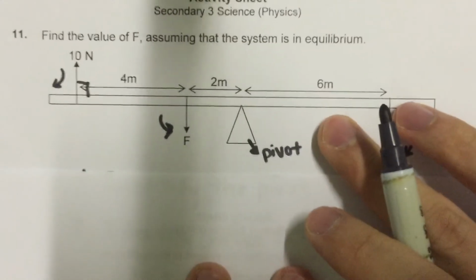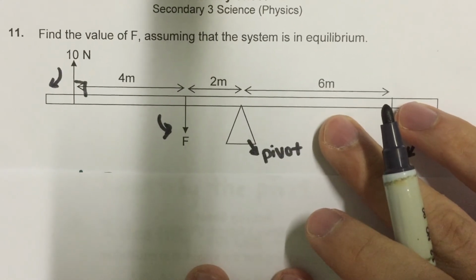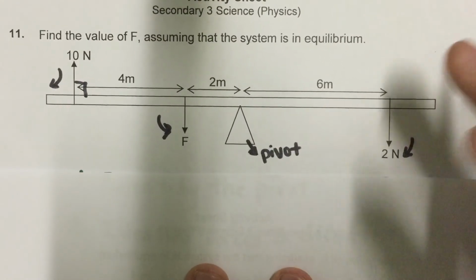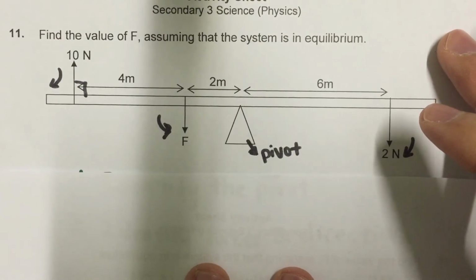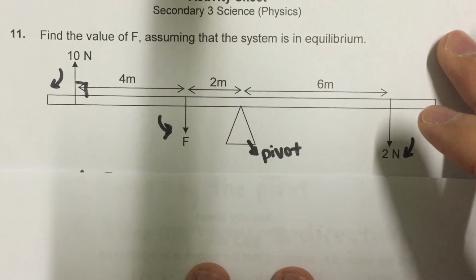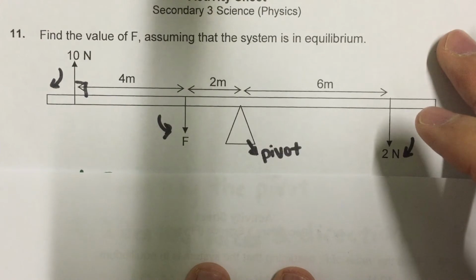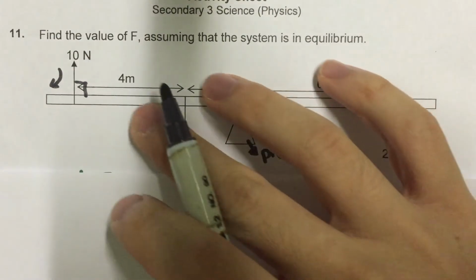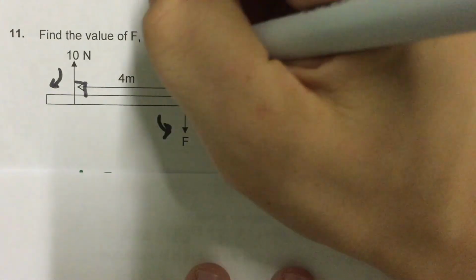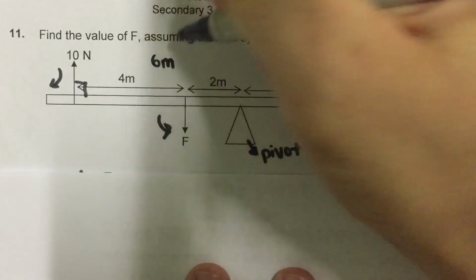So for the 10 Newton, what is the perpendicular distance? You realize that for the 10 Newton, the perpendicular distance will be 2 meter plus 4 meter, giving you 6 meter.